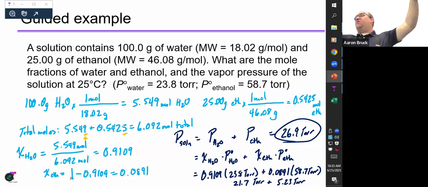The more evenly distributed the solution is, the more it's going to be right down the middle. But like we see here, with a solution that's 91% water, it favors the water. It's a weighted average there. All right, any questions?